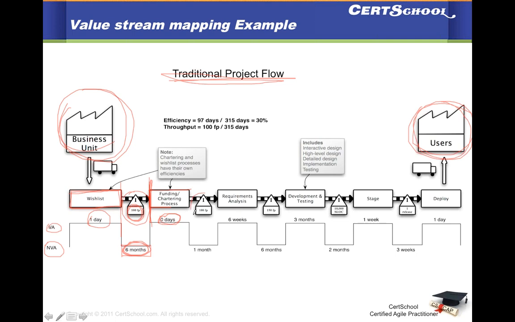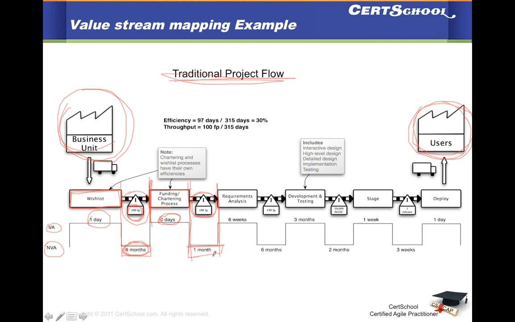So you take forward these 100 functional points to a requirements and analysis stage. Whatever time you spend between getting approval and being able to start requirement analysis in detail is non-value add.